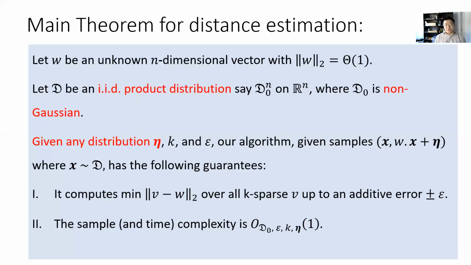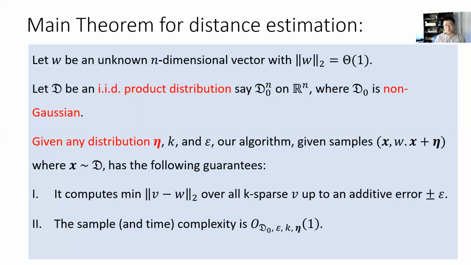Okay. So then, given any distribution generating the noise eta, its sparsity k and the error epsilon, our algorithm, receiving samples of the form x, w dot x plus eta, where x is generated from the i.i.d. product distribution, has the following guarantee.